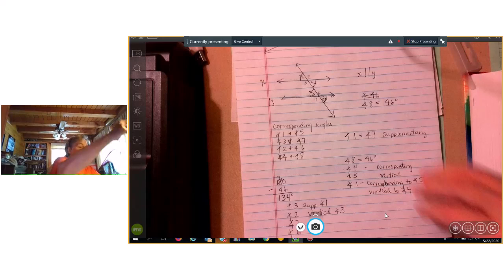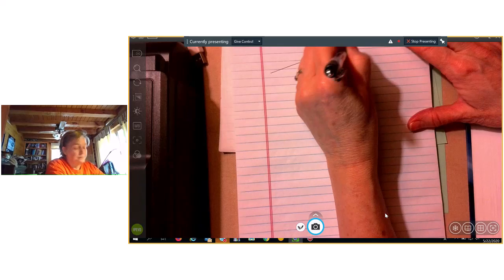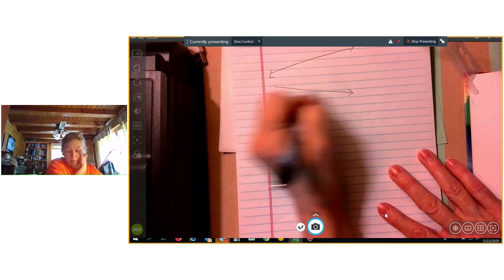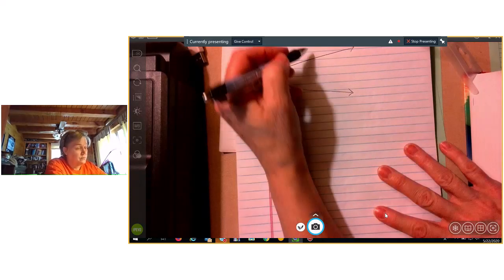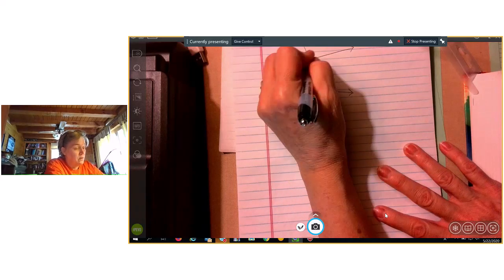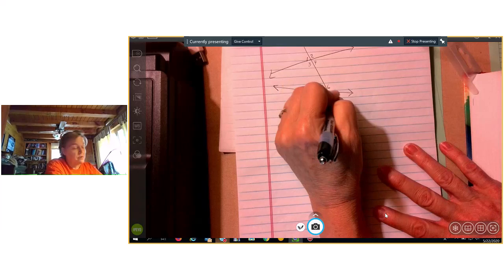And so an example of that would be, okay, what if I had a line this direction and a line going this direction, and I was cut by this transversal? And I've labeled my angles.